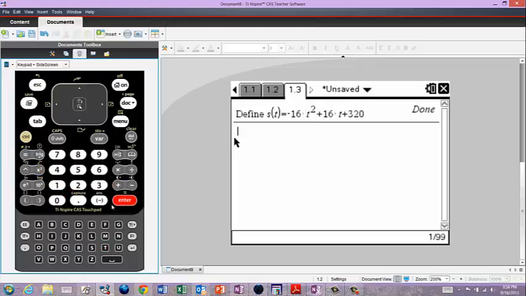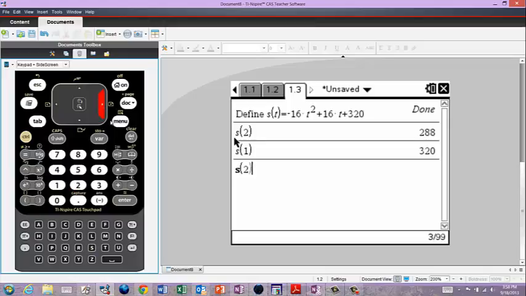And it tells me it's done. Now I can do S of 2, S of 1, or S of 2 minus S of 1.